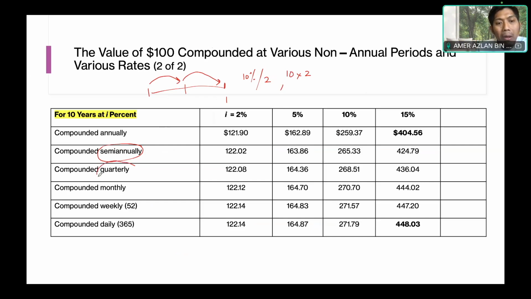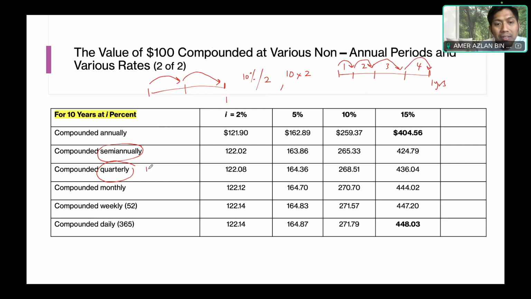What if it is compounded quarterly? Quarterly means in 1 year, divided into 4 quarters. First quarter, second quarter, third quarter, fourth quarter. The first quarter may be from January to March, second quarter April to June, and so on. So you receive the interest compounded 4 times in a year.